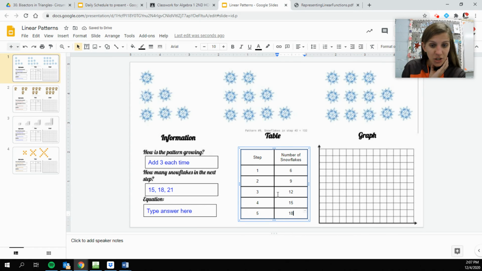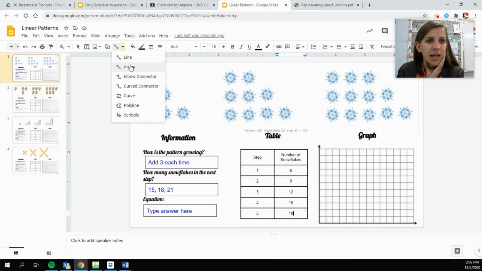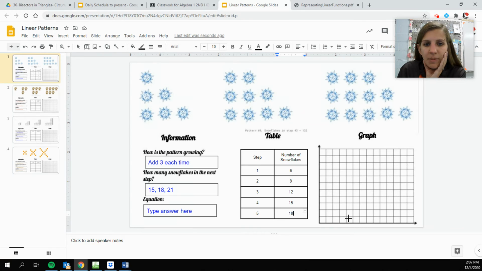Now, it's a little bit trickier to do our graph, but what you can do is on this little button right here, we can add a line. So if I click on that, I can do the one with an arrow. That's fine because I assume it could keep going. And so this first one, I want to start at 1, 6. 2, 3, 4, 5, 6. And then the next one, I'm going to go over to 2, but I need to go up to 9.